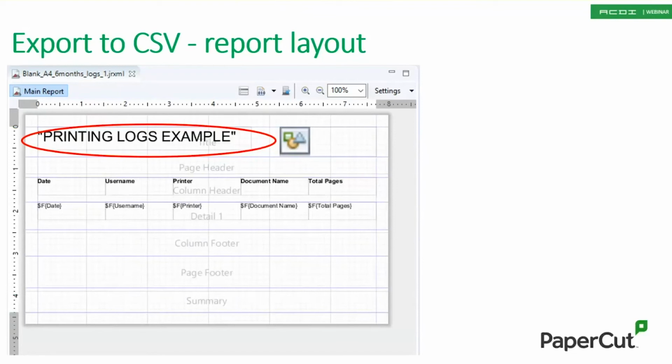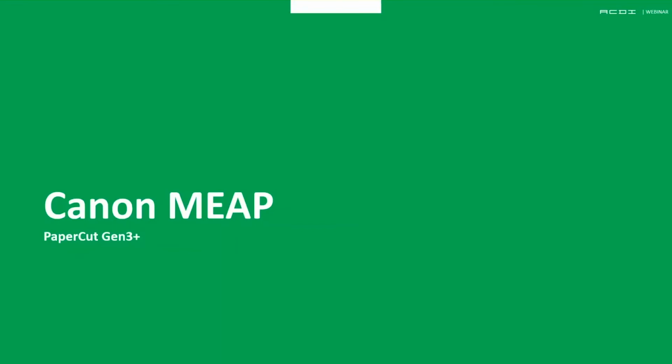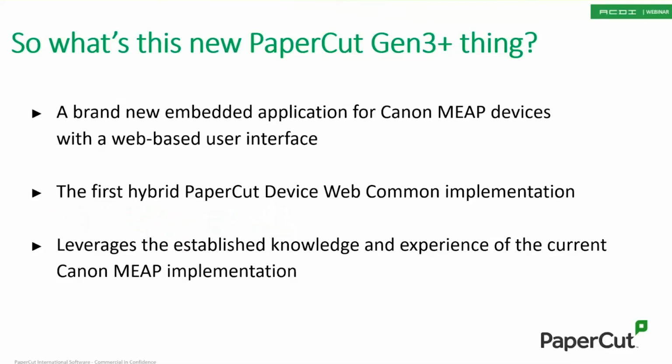other programs. A new Canon MEAP application has been created. Actually, it was released with version 19.1.3, but since we didn't have a webinar in that particular release, I'll include it here. Canon integration came out in 2013 with their Gen 2 lineup. And now with the latest family of Canon copiers called Gen 3, there's a new MEAP application that uses a web-based user interface.